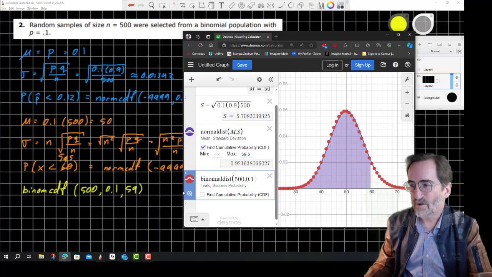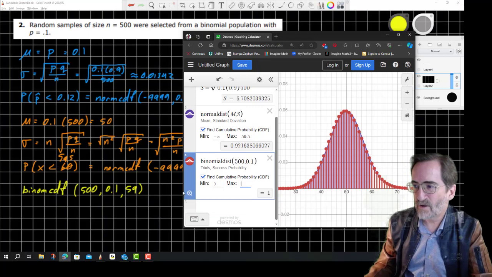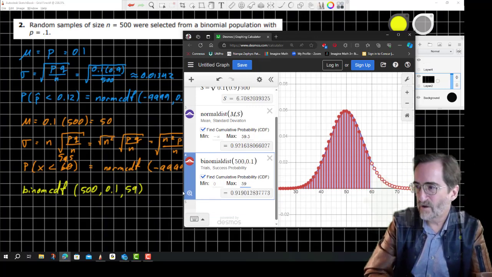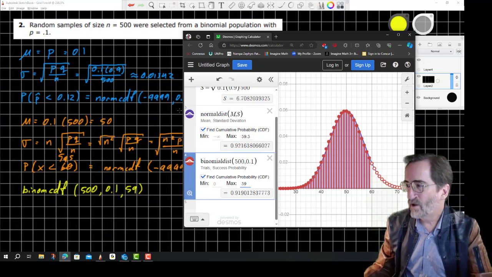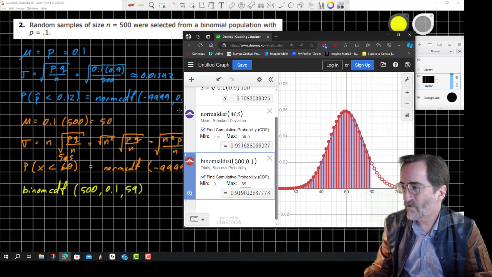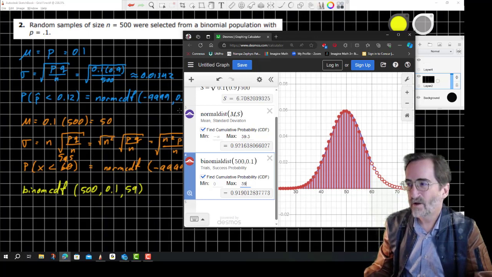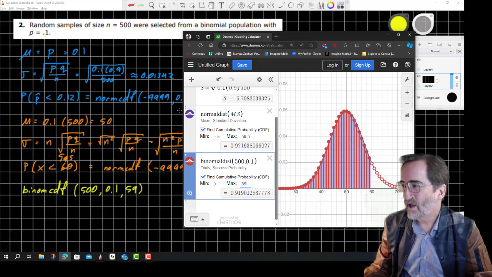Okay, so let's go ahead and find the cumulative probability all the way up to 59, right? And notice how this works. We've got discrete bars instead, not continuous area. This is what's actually happening in this situation. And the shaded area covers all the bars, right? If we went up to 60, we'd cover a little bit too much.